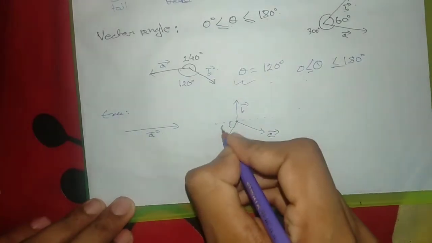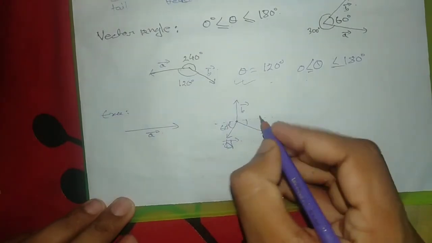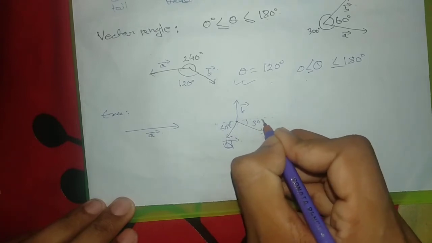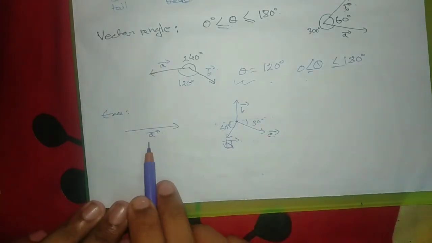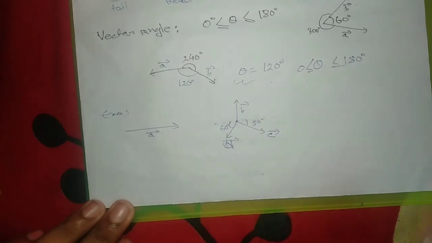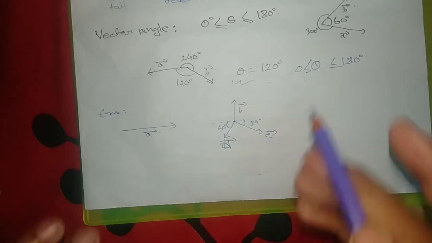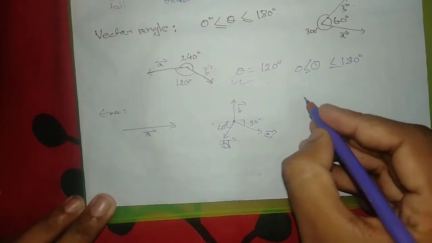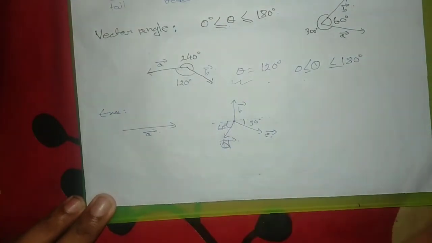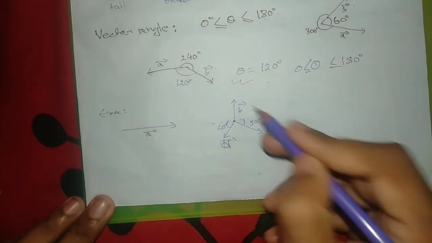This angle is 60 degrees, this angle is 30 degrees. From this A vector, B vector, C vector and D vector, then tell me the angle between D vector and B vector. Okay, tell me the angle between D vector and B vector.